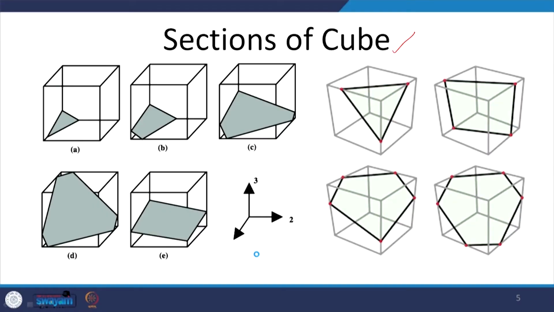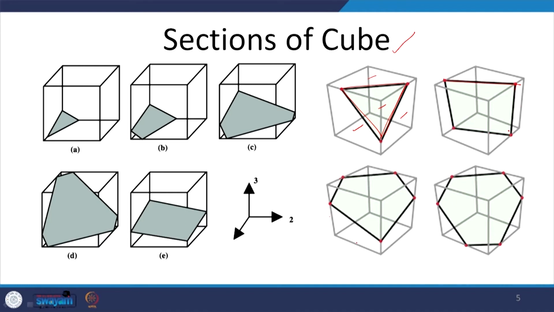In case the section plane is parallel to either of the planes of symmetry, it is simple. But what happens if the plane is inclined to both the reference planes and that of the cube as well? In that case, it depends on where it is cut from. If it is cut in such a manner that 3 surfaces of the cube are cut, we will get a triangle. In case 4 surfaces are being cut, we will actually get a rectangle.